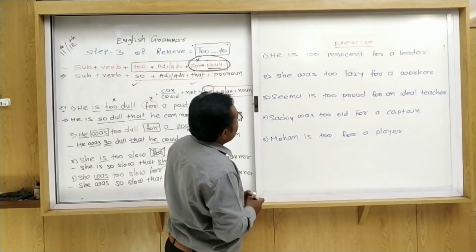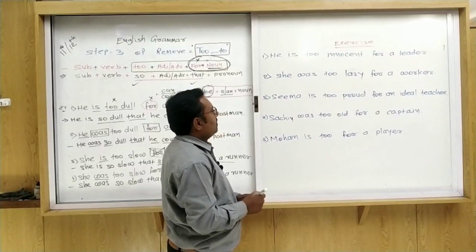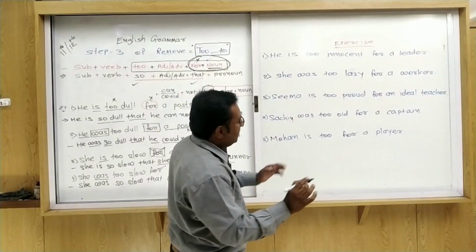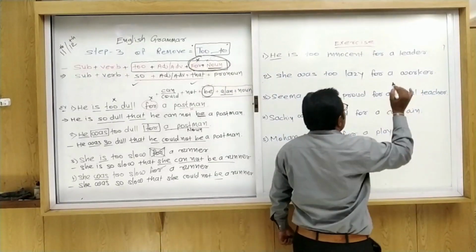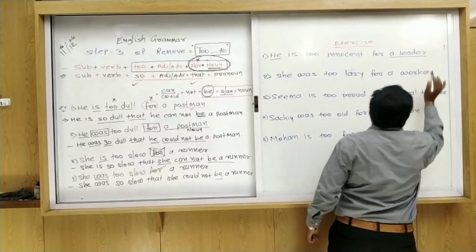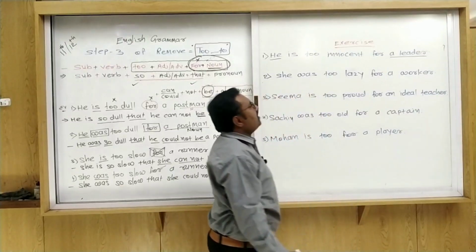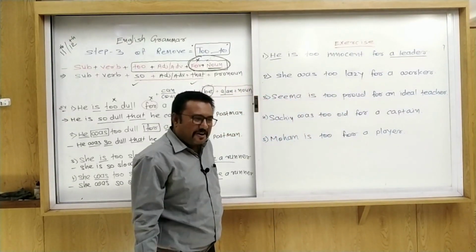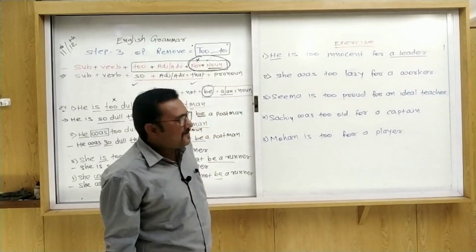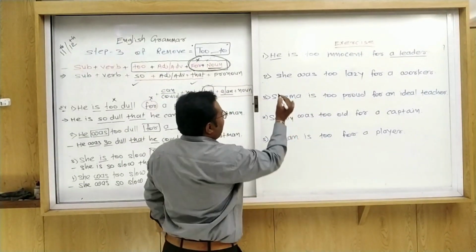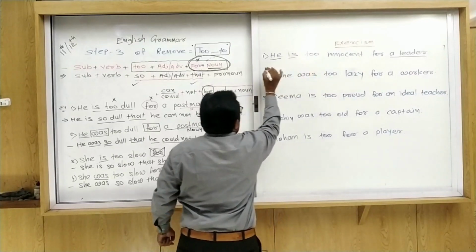See, he is too innocent for a leader. That means an innocent person cannot be a leader. So present tense is used here.